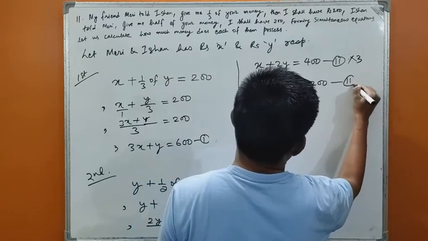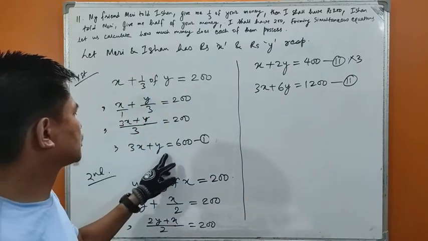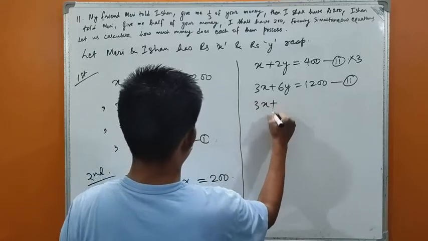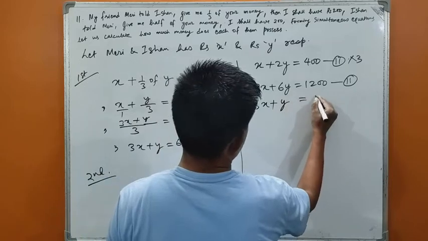You can eliminate x or y according to your will. Okay, equation 1 is 3x plus y equals 600.